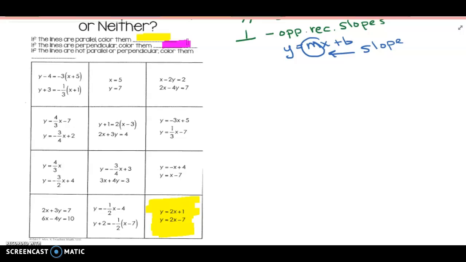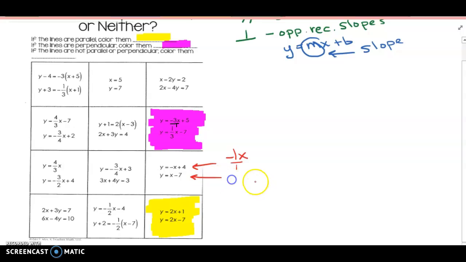All right. You should have known that -3 and +1/3, remember this -3 is the same thing as -3/1. So that would be opposite reciprocals. So I'm going to highlight this purple. And then it may not be obvious, but on this one here, when it says -x, think of a -1 here. And think of a -1 as -1/1.